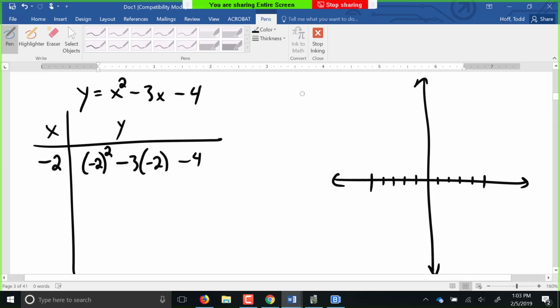When we calculate this out, (-2) squared is +4. A -3 times a -2 is +6, minus 4. 4 plus 6 is 10, minus 4 is 6. So when x is -2, y is 6.